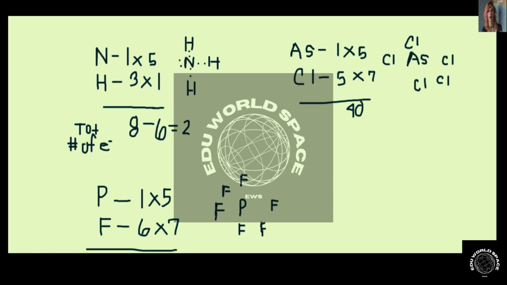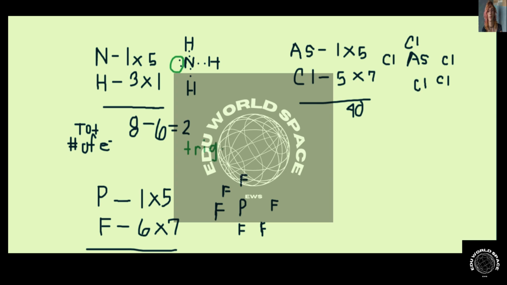Due to the fact that nitrogen has this lone pair, we can automatically determine the molecular geometry. The molecular geometry from this distribution is going to be trigonal pyramidal. I'm just going to write it shorthand.